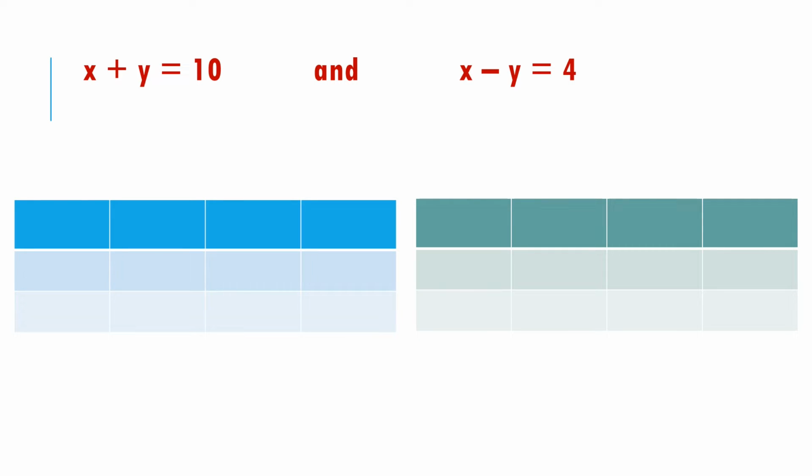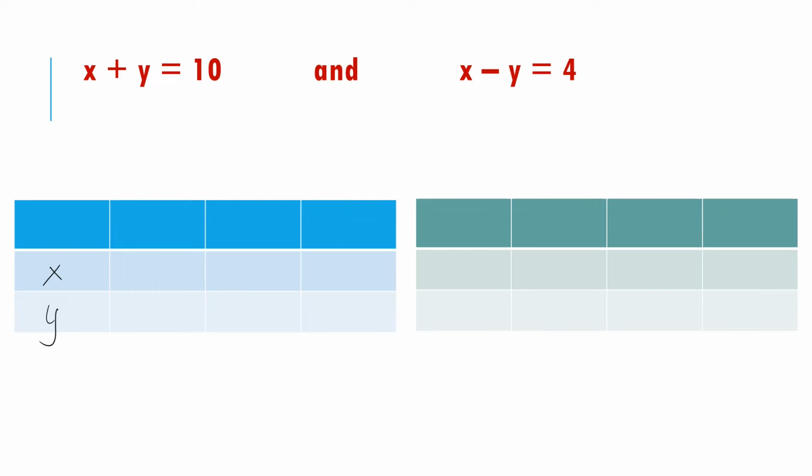If you have the equations x plus y equals 10 and x minus y equals 4, then by using the graphical method, you need to find the point in the Cartesian coordinates. So the first step you have to do is like this: x, and this one y.